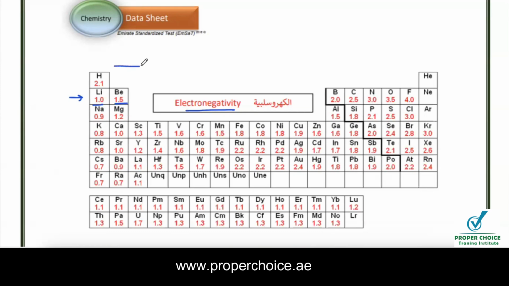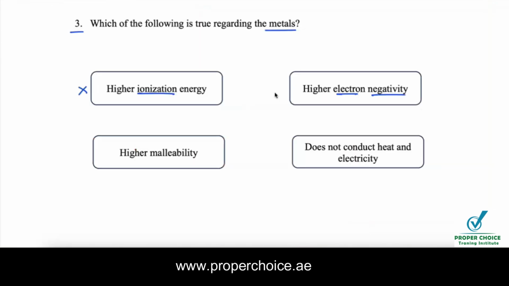So electronegativity increases from left to right, and also from down left to the top right. It is worth knowing that fluorine is the most electronegative element. So electronegativity for non-metals is higher, but not for metals. So this statement is also wrong.